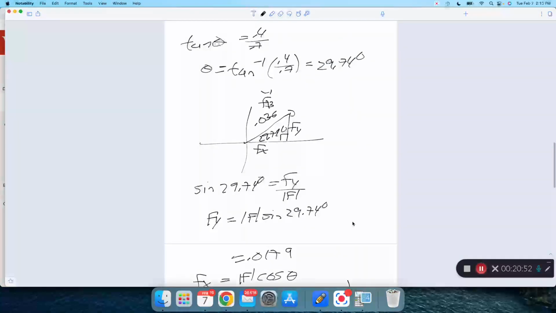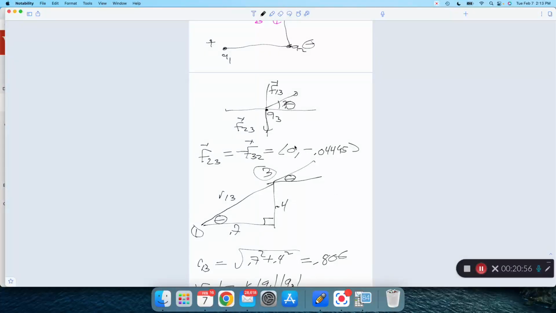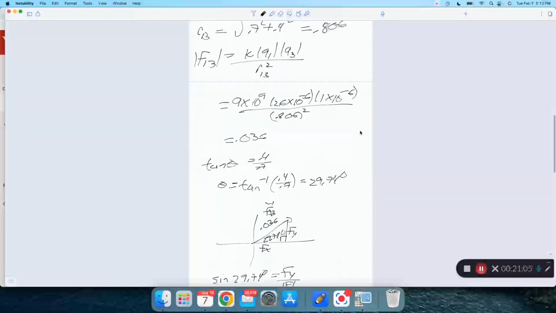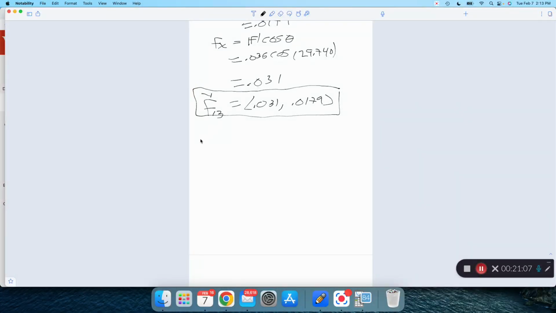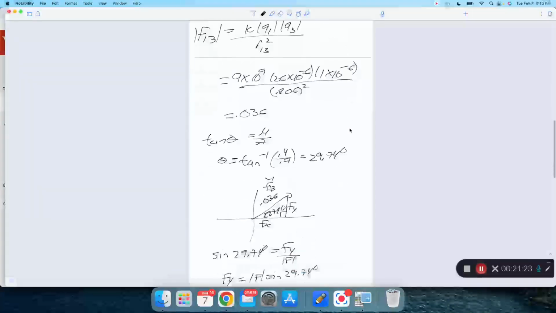Now I got to add these vectors together. So I found two different vectors. Here was the other vector. I'm going to recopy him down here. So recall, F2 on 3 was 0, negative 0.04495.